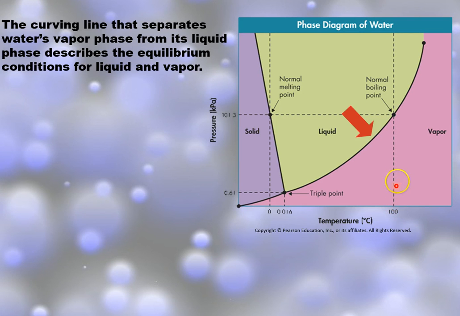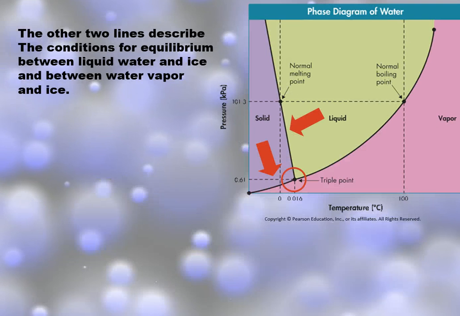So that's the normal boiling point of liquid water. This is where you would have a dynamic equilibrium between the liquid and the vapor phase, but anywhere along this curve you would have a dynamic equilibrium between the liquid and vapor phase. It just depends on whether you're increasing or decreasing the pressure for water.